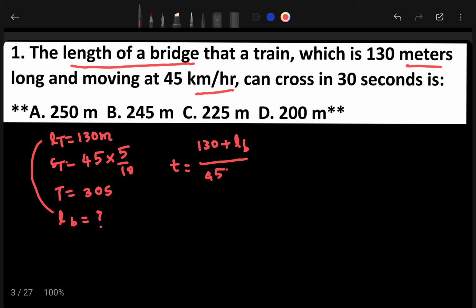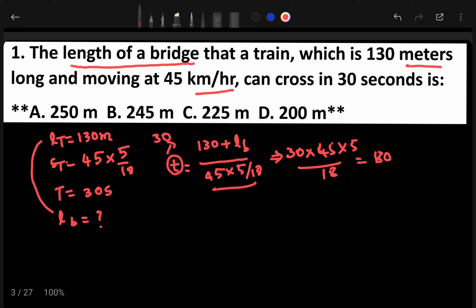The bridge will not have any speed, isn't it obvious? And he gave time as 30. So from here, if I shift the denominator, 30 into 5 by 18 is equal to 130 plus LB.